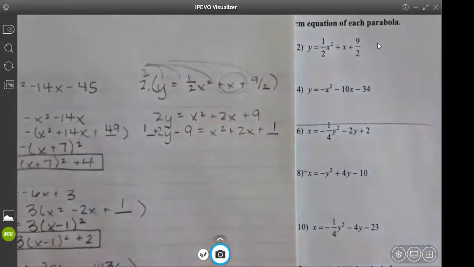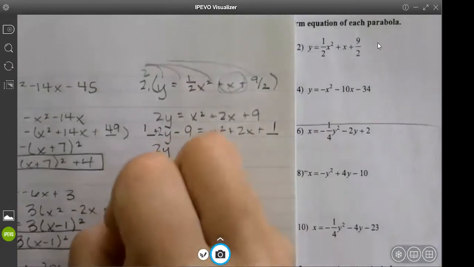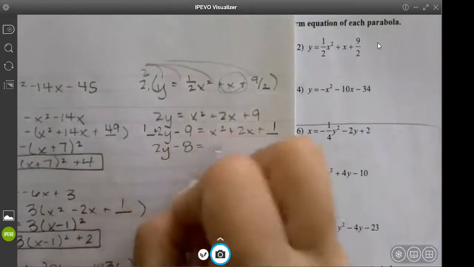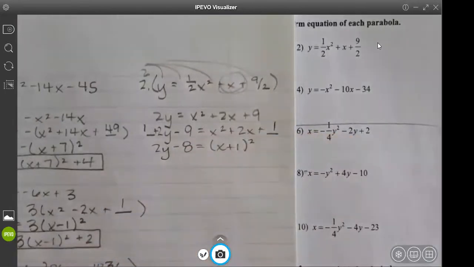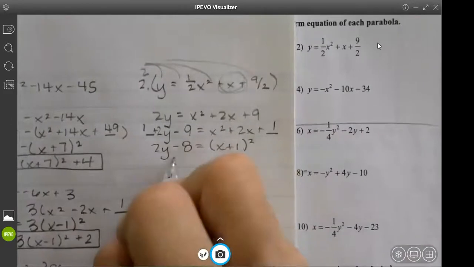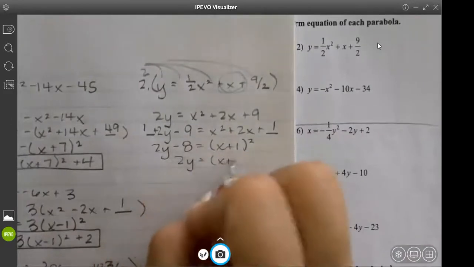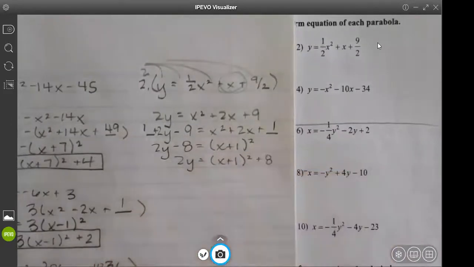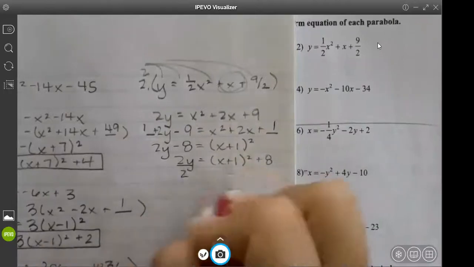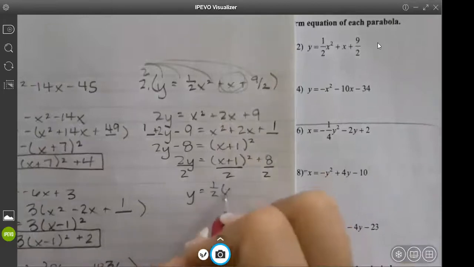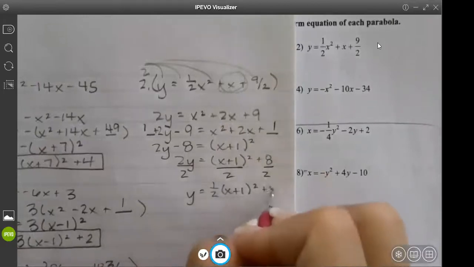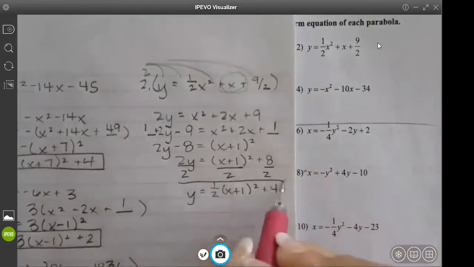Squared is 1. Again, clean it up. We have 2y. 1 minus 9 is negative 8. Rewrite x plus 1 squared. Add 8 to both sides. And then divide everything by 2. So we get y equals 1/2 x plus 1 squared plus 4.